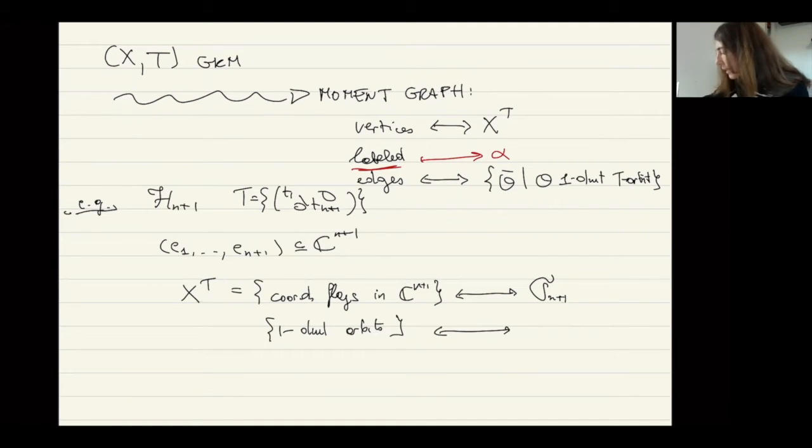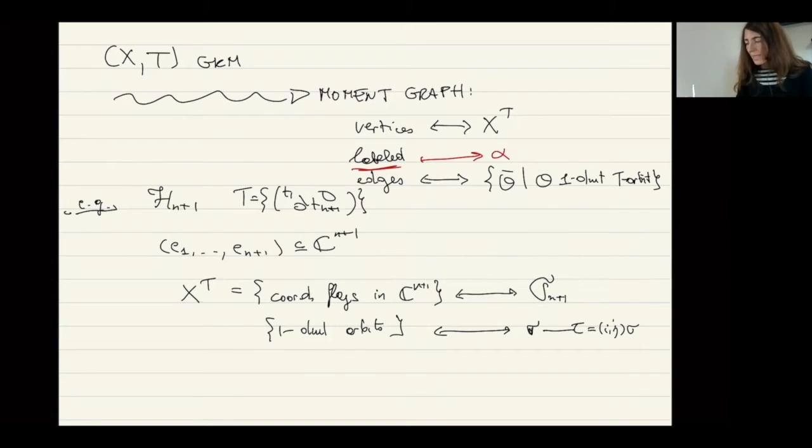And now the one-dimensional orbits are as follows. So I take 2 permutations, sigma and tau, and they're connected by an edge in this moment graph if and only if I get tau from sigma by left multiplying by a transposition, well, or right multiplying, anyway. Okay, so a transposition ij.